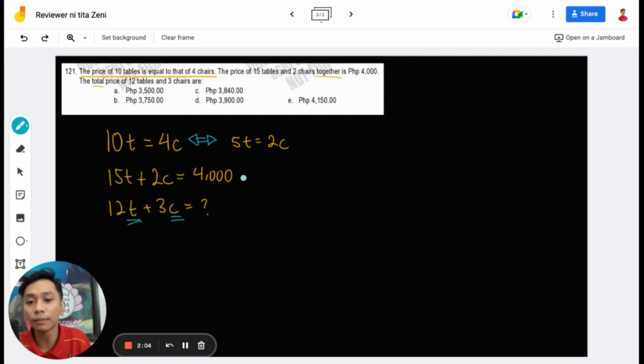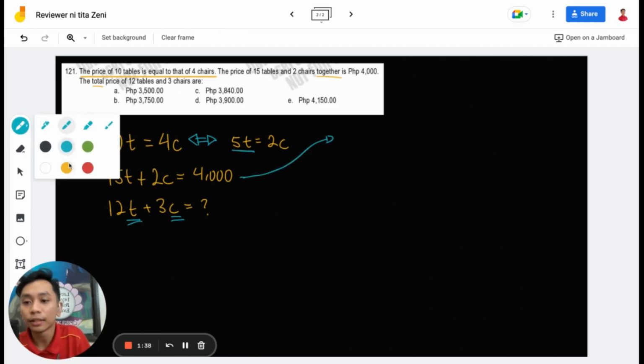So, let's start with our first information. Una nating nalaman about the problem is that 5 tables is equal to 2 chairs. Notice, yung 2 chairs na yan is already here. So, pwede nating i-plug in yung 5t in place of 2c because we already know that the price of 2 chairs is equivalent to 5 tables. Gawin natin yun dito sa part na ito.